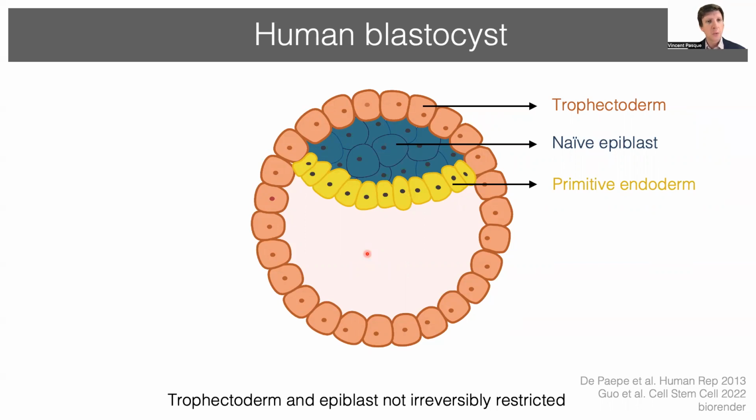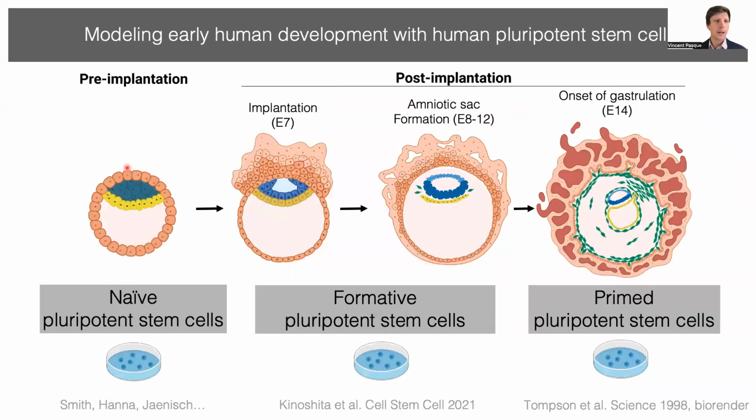They cannot switch from one lineage to the other. However, that's not the case in humans. In humans, the blastocyst just before implantation is still plastic, meaning that trophectoderm cells can still give rise to the naive epiblast, and naive epiblast cells can also give rise to the trophectoderm in vitro. So there is a tremendous plasticity in the human compared to the mouse.